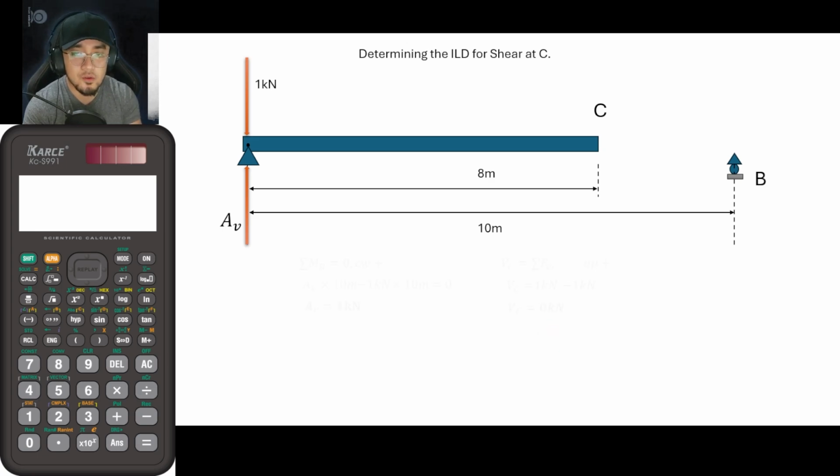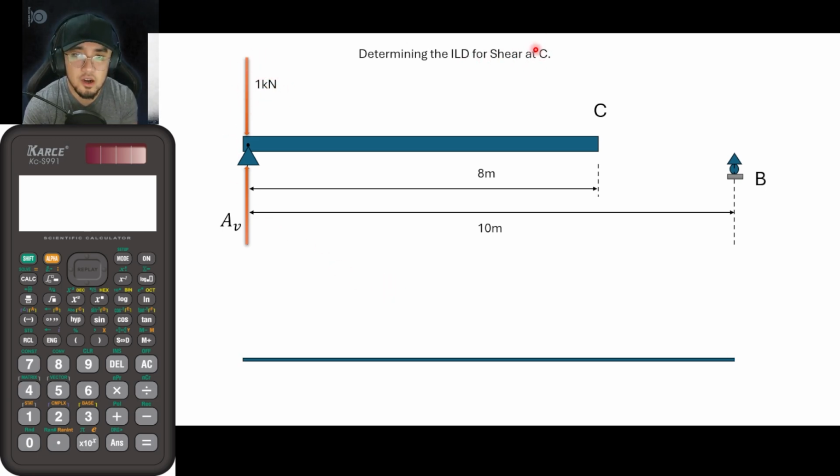So if we are to draw the ILD, let's say that this is now our ILD, or influence line diagram, if the load is at this location, meaning the shear at C is equal to 0. So from that, guys, I will be plotting 0 here at this particular point. So take note that this is the ILD at C. Okay?